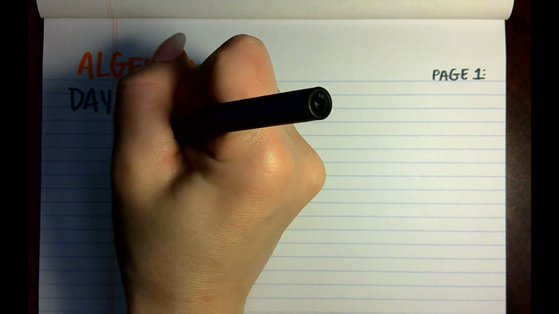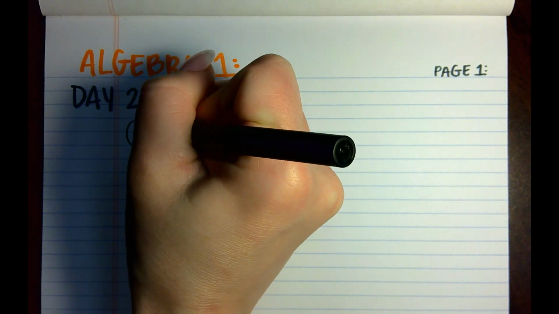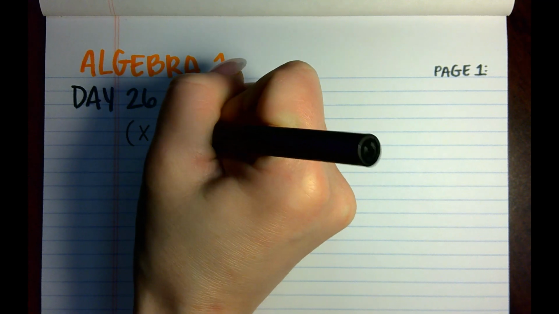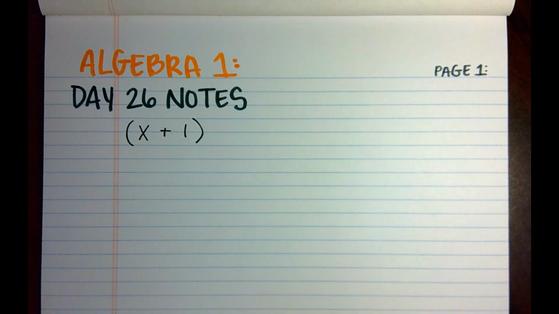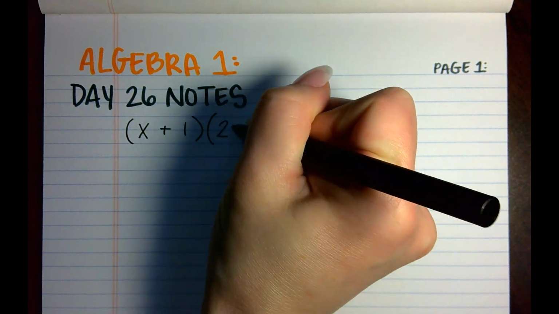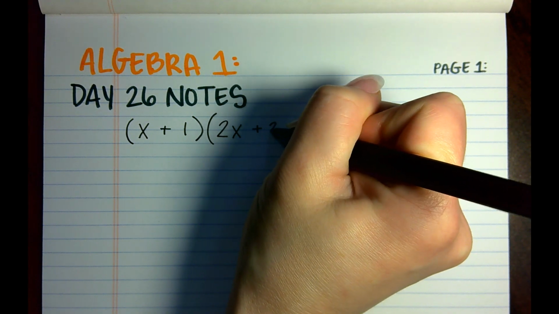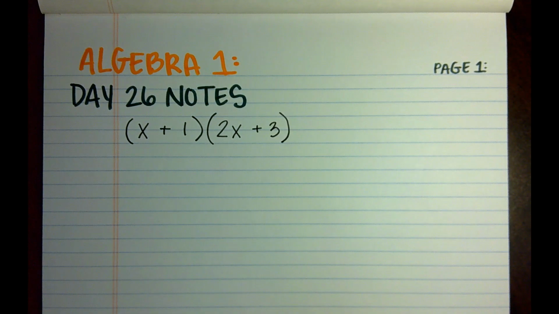I'm going to think about what would happen if I had a problem like x plus 1 in parentheses times 2x plus 3. Something like this.